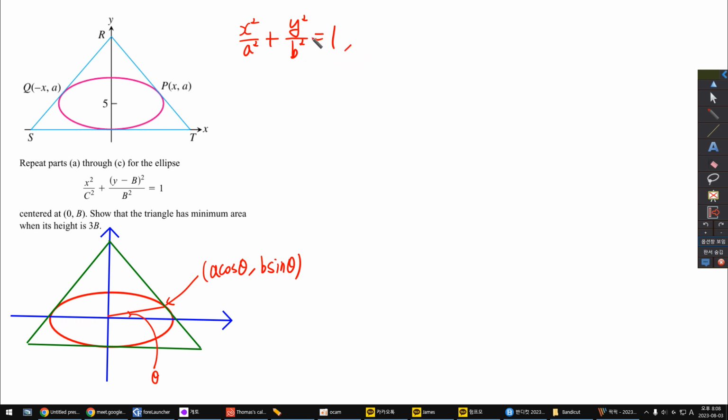So if we change this equation by multiplying the denominators, and then if we take the derivative of this equation, we can cancel 2.